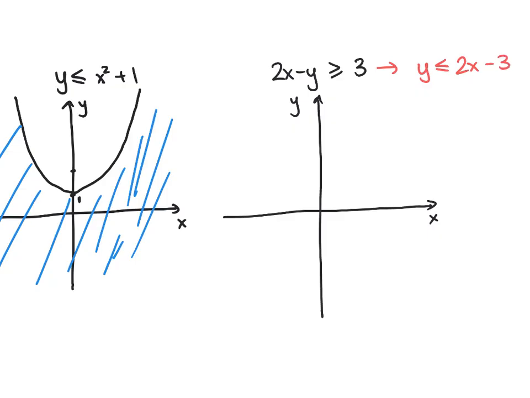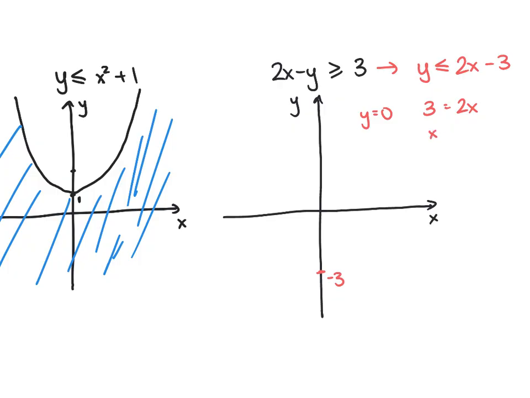So if I have that, look at this. If x is 0, so that's my y-axis, my y-intercept is minus 3. Now my x-intercept over here, when y is 0, that's 3 goes over here, is 2x.